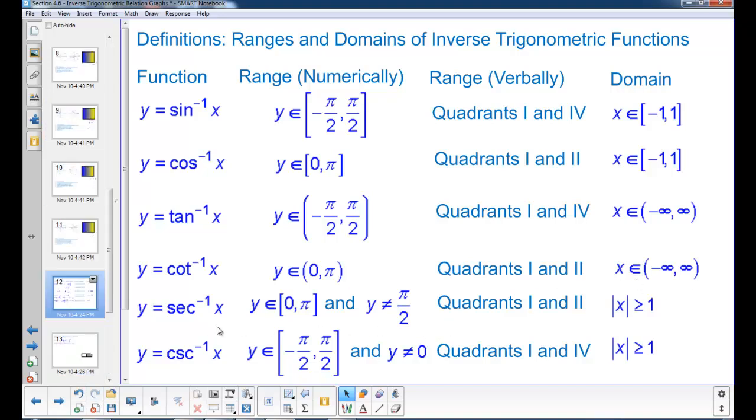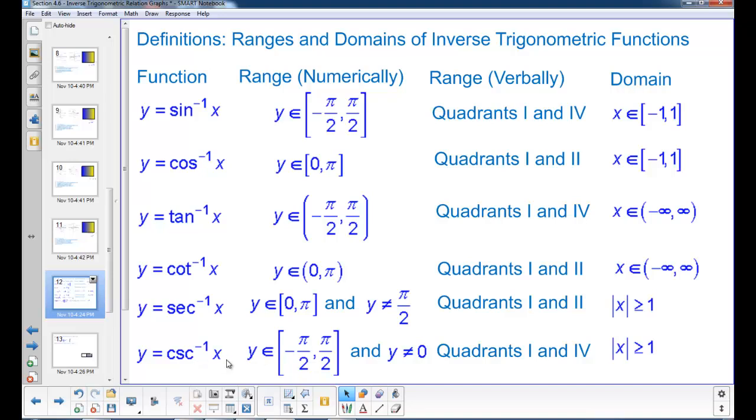For the inverse secant, we go from 0 to pi for our range, excluding the value y equals pi over 2 where the asymptote lies. And quadrants 1 and 2 are our y range. Here we can simplify our discussion of the domain by saying that the absolute value of x is greater than or equal to 1, which means we go from negative infinity to negative 1 and 1 to infinity.